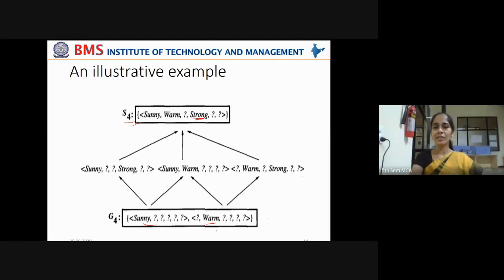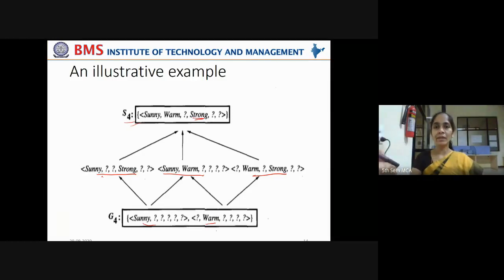You have combinations of all this: sunny, warm combination, sunny, strong combination, and warm, strong combination. These are the possible intermediate hypotheses. Now say the machine is given some 10 more days of data.